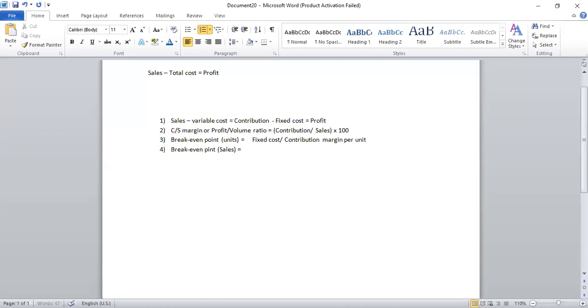The second one is fixed cost divided by C by S ratio, that is, contribution margin by sales ratio. Let's see what is the logic behind this.